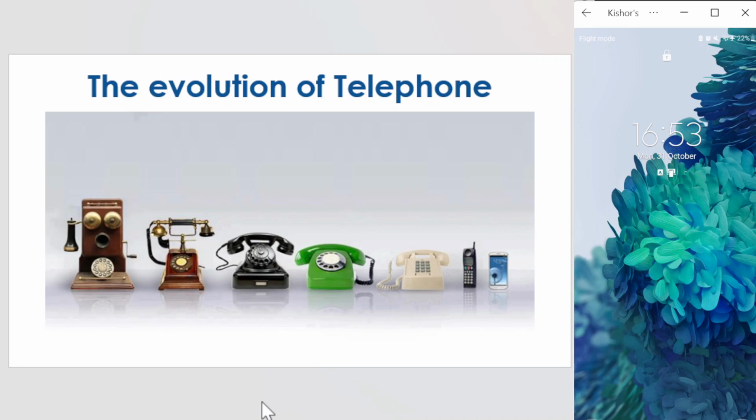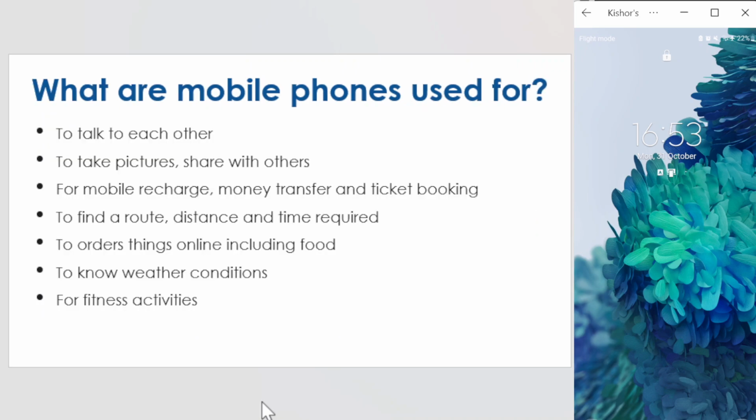But as technology progressed, today we can use our smartphone as a camera. We can use our smartphone to do many other activities, including online purchases and things like that. We will see as we move ahead into the session.